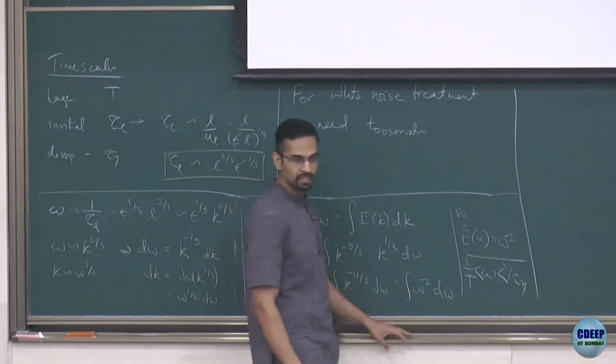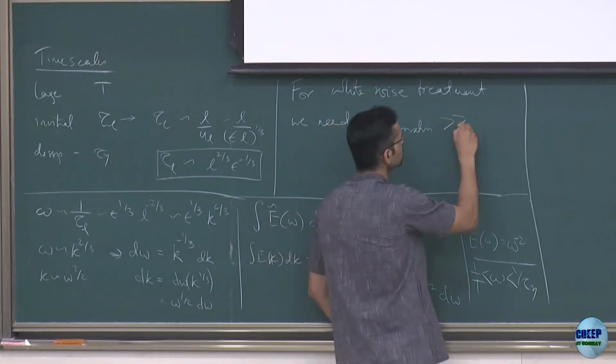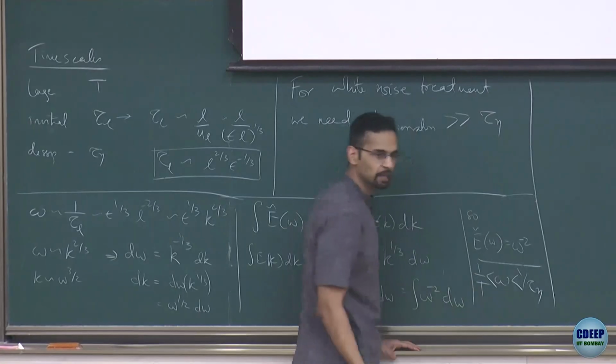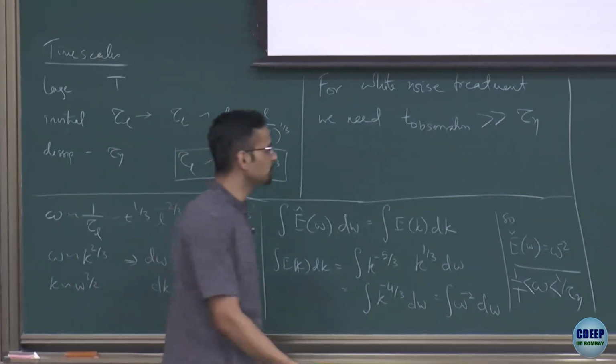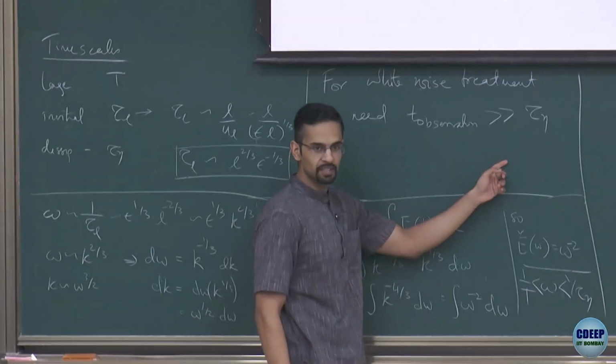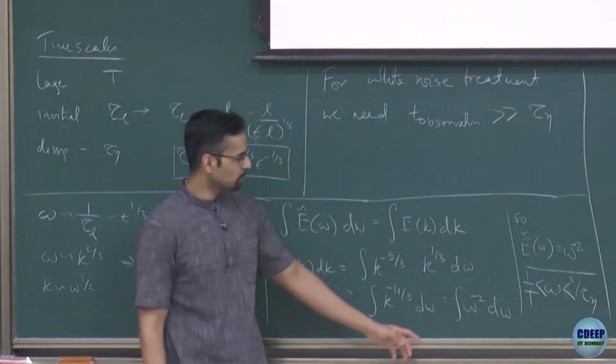I'm just calling that the observation time at which I'm looking at the flow. That should of course be much greater than tau eta. It's only on those time scales that the flow will appear to be delta correlated. If I look at the flow at finer time scales, then it's going to be well correlated, because you will hit the Kolmogorov time.